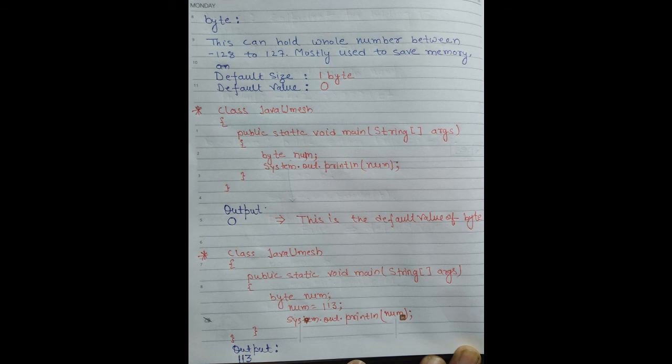When we move to the next program, we initialize the value of num as 113. Now when we see the output of this program, the output will be 113, because it has the value 113.